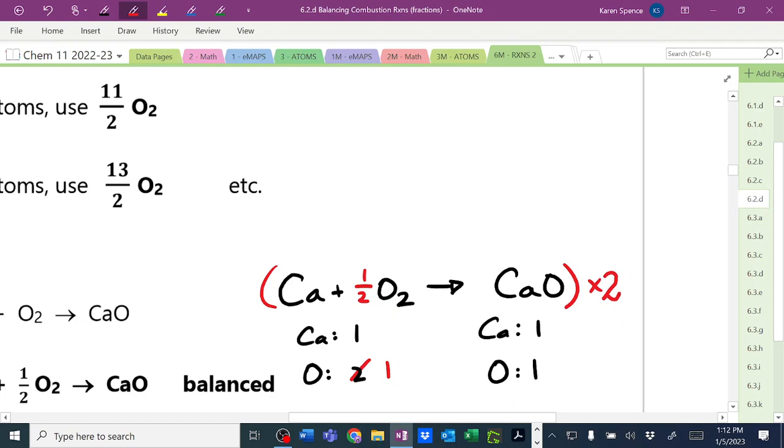So we're going to end up with 2, because there's a 1 here, remember, that we don't write, 2Ca plus, what's 2 times a half? 1. 2 times a half is 1 O2 gives 2 times, and there's a 1 here, 2 times 1 is 2 CaO.